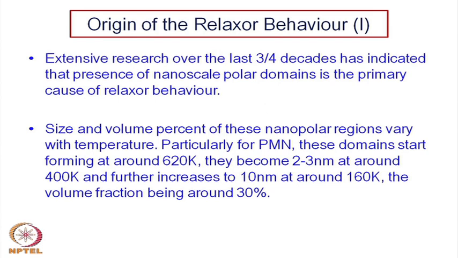That is basically in the paraelectric phase, and when you cool down, around 400 K, there is a further increase in the domain size to around 10 nanometers, formed at around 160 K, and the volume fraction being around 30%. So, 30% of these polar nanostructure domains are formed, having a disordered structure, a distribution of relaxation times, and therefore, you have a broad peak.